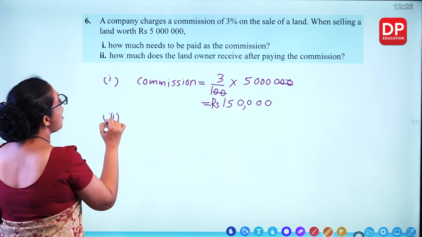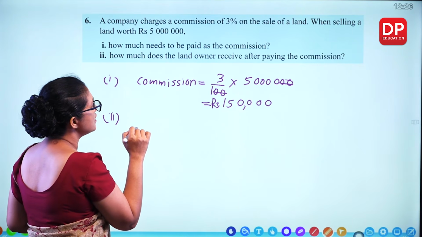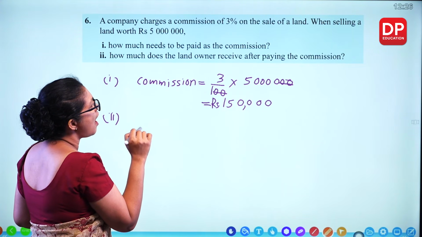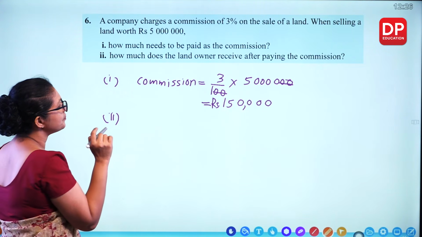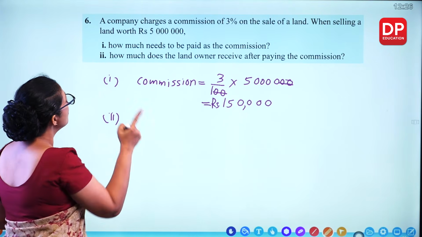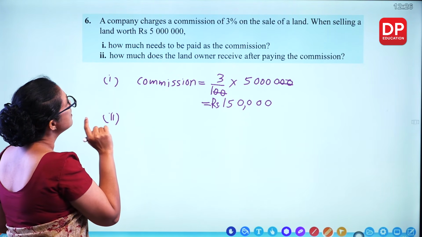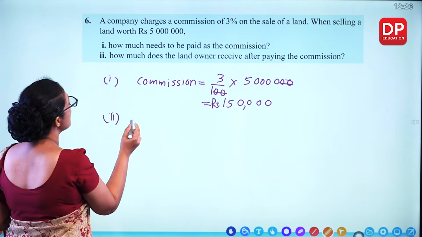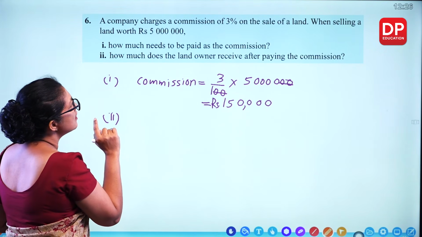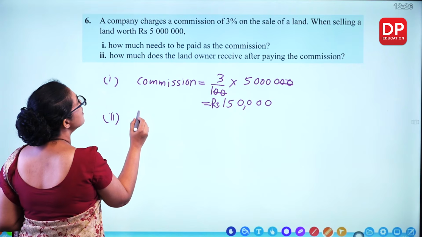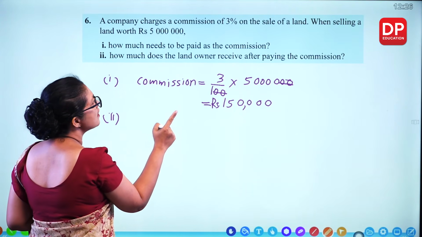Second part, how much does the landowner receive after paying the commission? So land worth 5 million, subtract this one. So what does the owner receive?